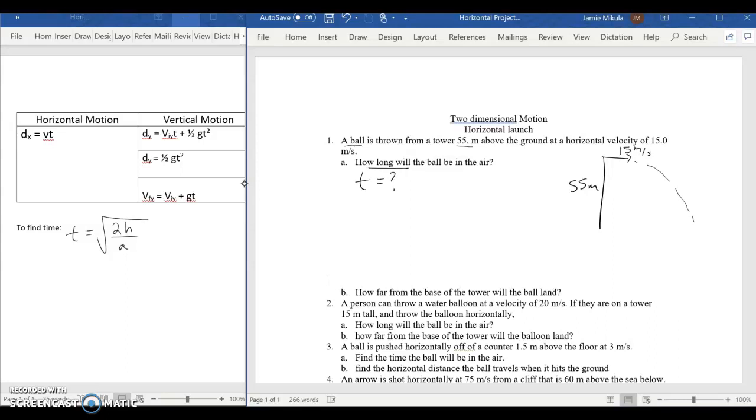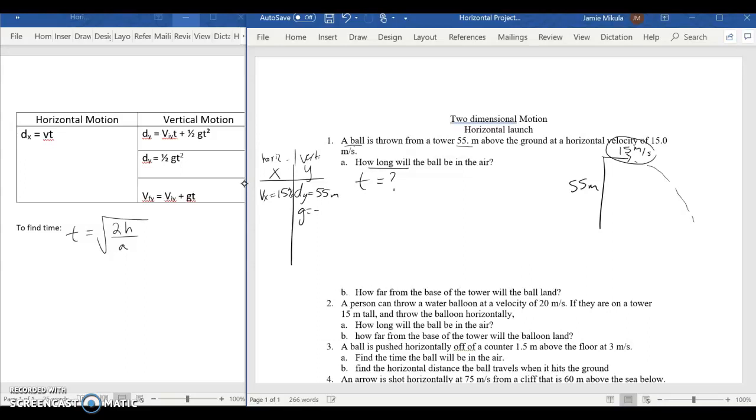Now, I'm going to list my givens in an XY chart like this so that I can keep my horizontal and vertical information separate. x is horizontal, so I only have the velocity in the x direction, 15 meters per second, and that was given in the problem right there. In the y direction, we have a distance of 55 meters.